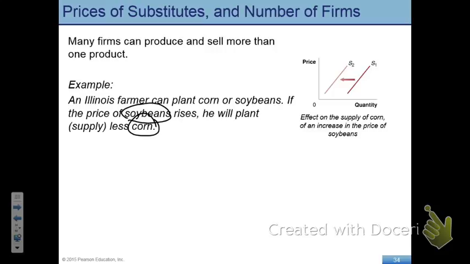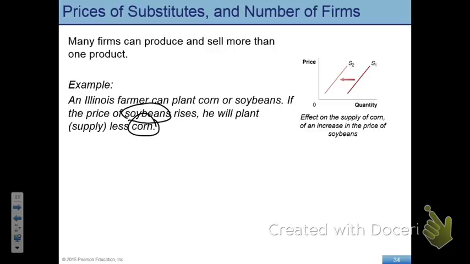So from the production perspective, these two goods are substitute for our farmer. Are we all clear on that? He can either produce corn, he can either produce soybean, or he can produce a combination of those two. Not all production are the same, by the way. There are goods which are not substitute at all, but then there are goods which are indeed substitutes.